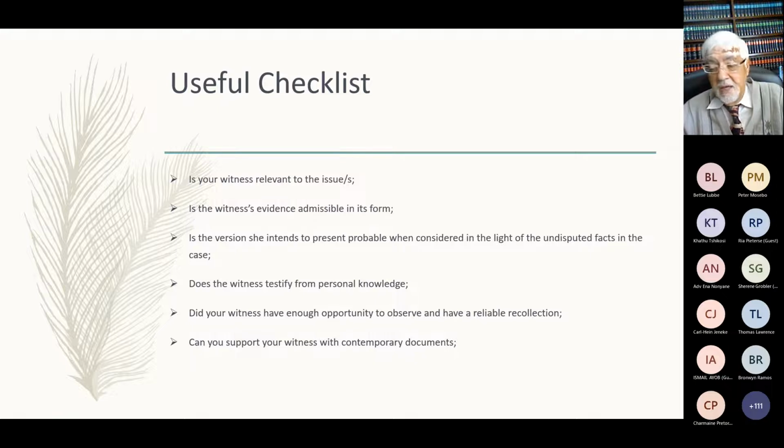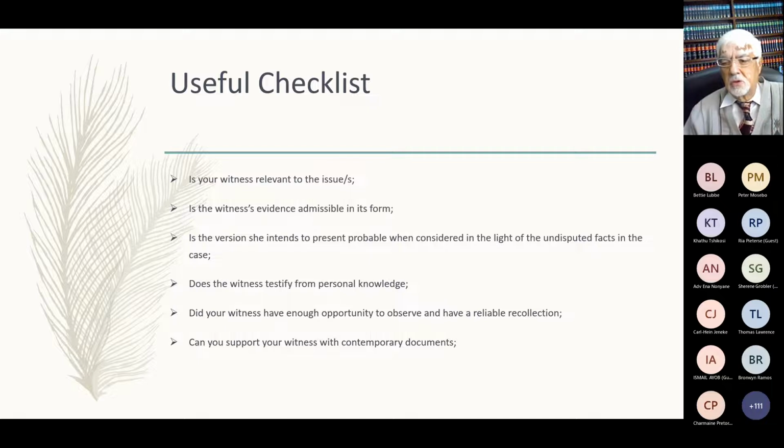Did my witnesses have enough opportunity to observe what happened and then to give a reliable account to the judge? Can you support your witness with contemporary documents? This is very important. We have discovery. You will know during discovery that there are certain documents that support your witness's version.